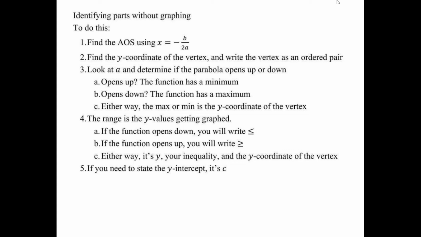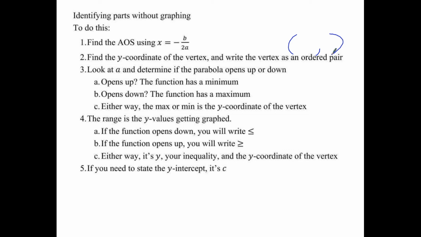So we have the axis of symmetry, AOS, and then we plug in the AOS to find the y-coordinate. We use the axis of symmetry, which is the x-coordinate of the vertex, to find the y-coordinate of the vertex. We write that as an ordered pair.